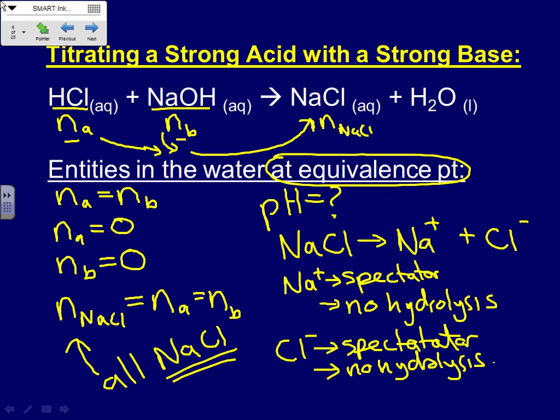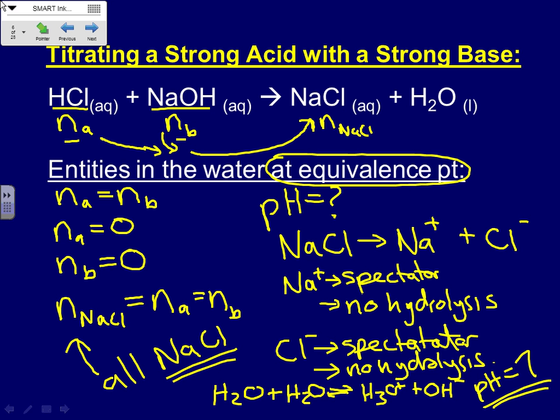So what's happening in this water? We've got spectator sodiums and spectator chlorides, which means the only exciting thing happening in the water is a couple of H2Os running into each other to produce some H3O+ and OH-. And if there's no external acid or base, then we have a pH of 7.